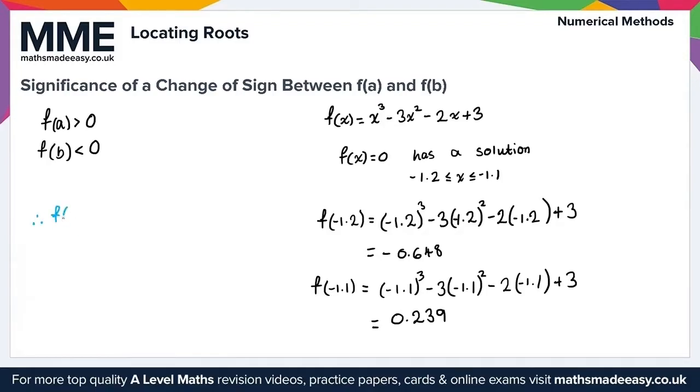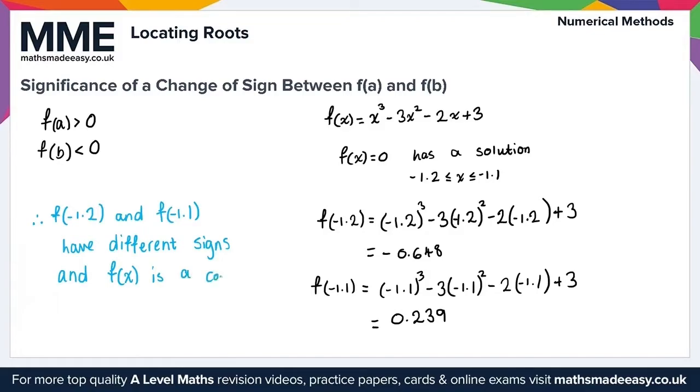So therefore what we say here, f of minus 1.2 and f of minus 1.1 have different signs, and f of x, our function here that we started with, is a continuous function.